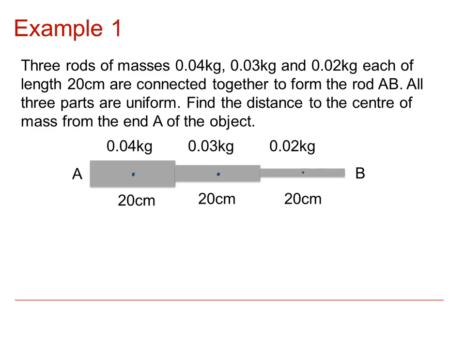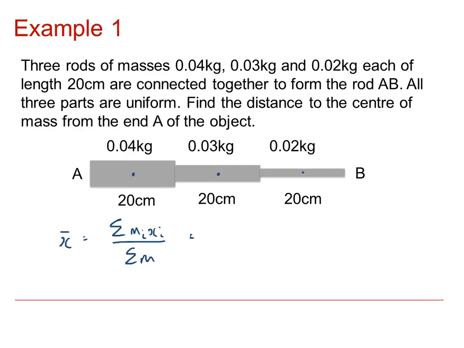So now let's put that down into our formula, which says that x bar is sigma mi xi divided by sigma m.